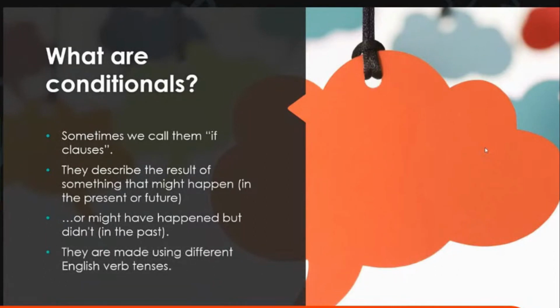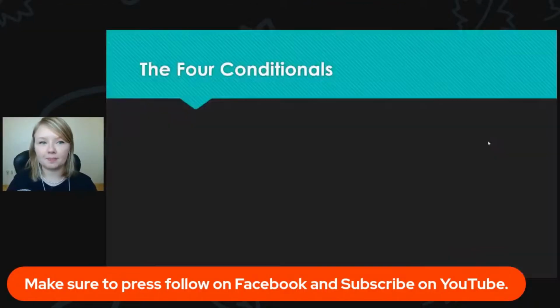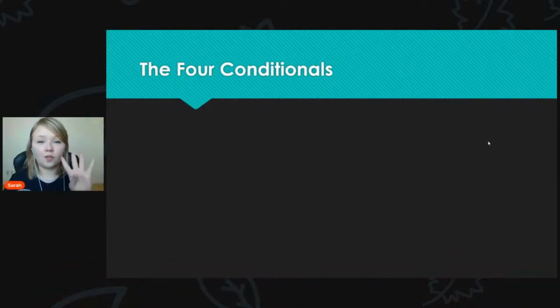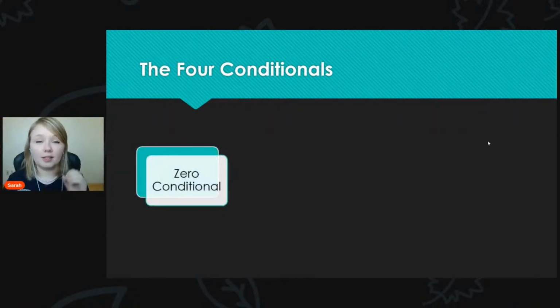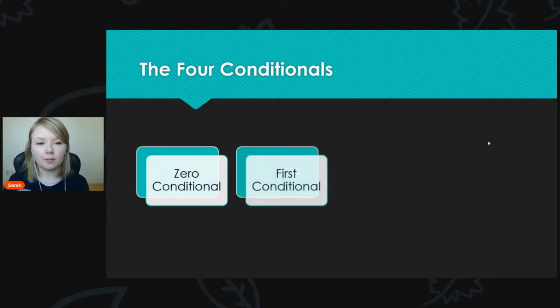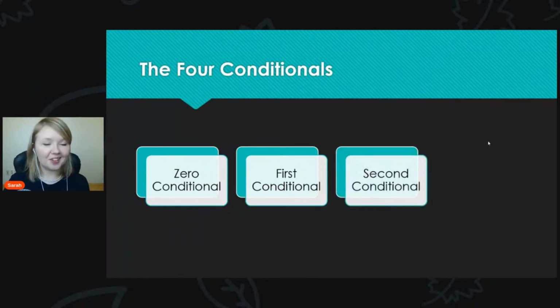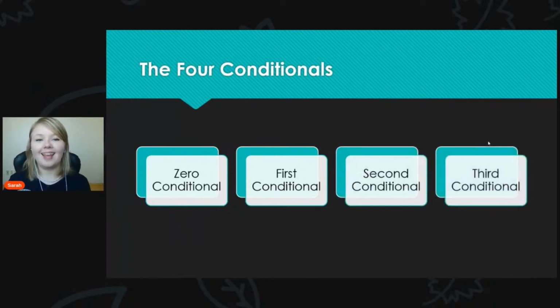So, conditionals are made using different English verb tenses, and we're going to learn all about it. Today, we are going to talk about the four main kinds of conditionals in English. So, we have something called the zero conditional, first conditional, second conditional, and third conditional.